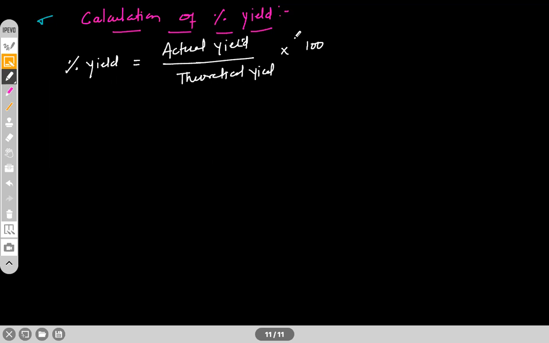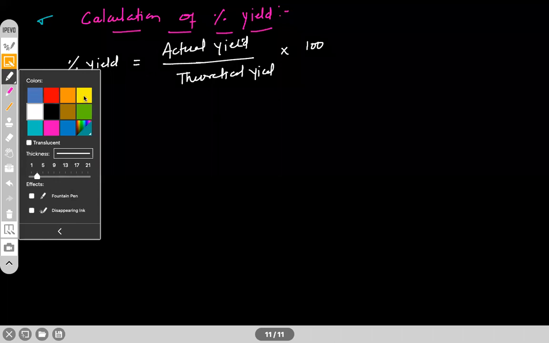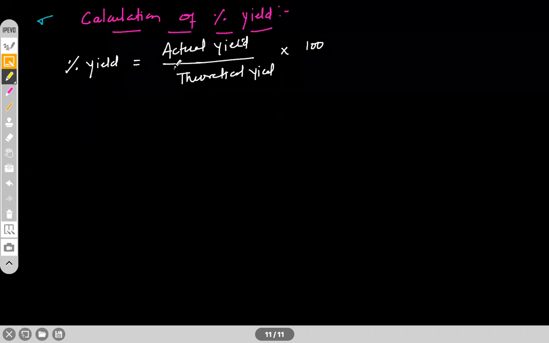Okay, this actual yield will be given in the question. And theoretical yield, the theory that we use, 1 mole of this gives this many moles of this. With that, the value that you find out, that is theoretical yield. This theoretical yield we calculate with the help of limiting reagent concept, POAC concept.